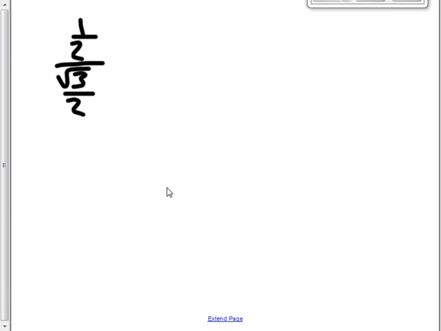So I've got 1/2 over the square root of 3 over 2. Well, when I look at that, I've got a fraction divided by a fraction. And so if I write that this way, 1/2 divided by the square root of 3 over 2, I think some of you might recognize what's going to happen here. So I've got 1/2 divided by, I want to flip and multiply. So I flip the second fraction and change it to multiplying.